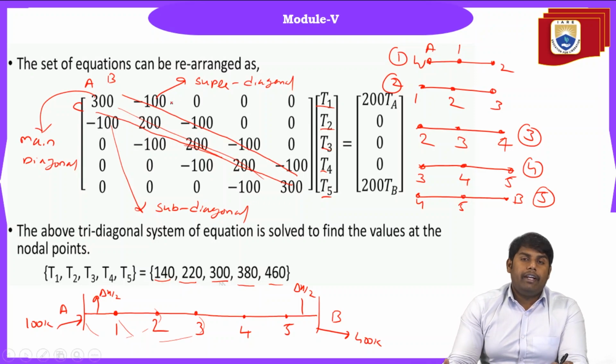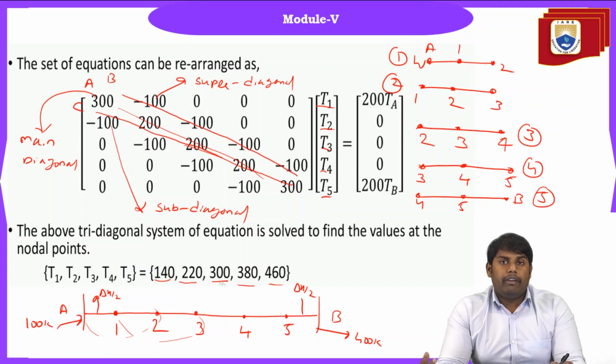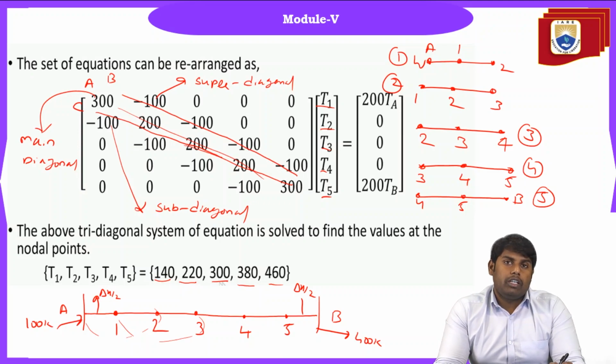So we have divided a 1 meter rod into 5 elements. It's not that we have to take only 5 elements; we can take 10 elements. If I take 10 elements, each one has 0.1.